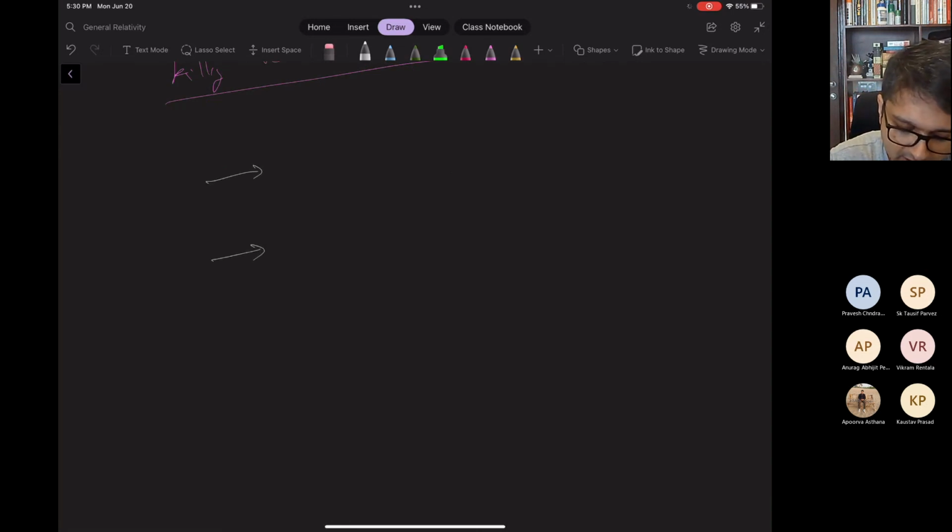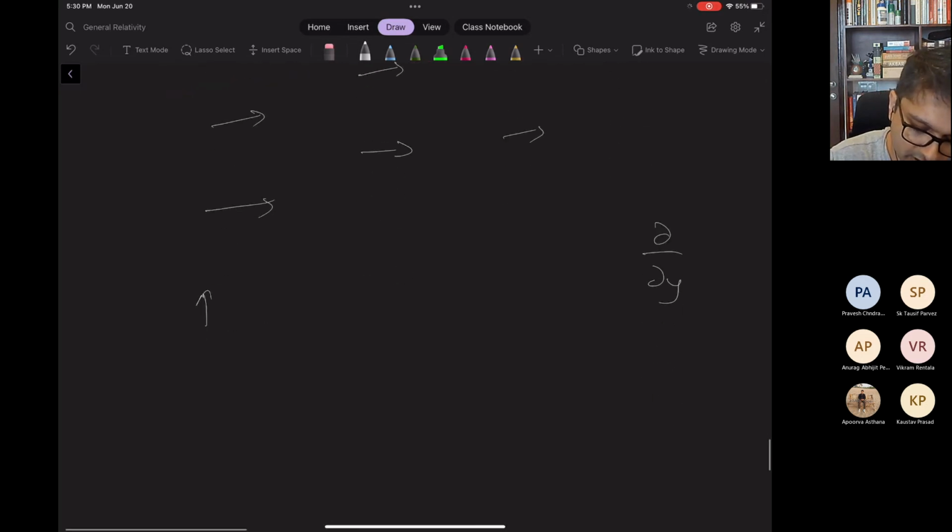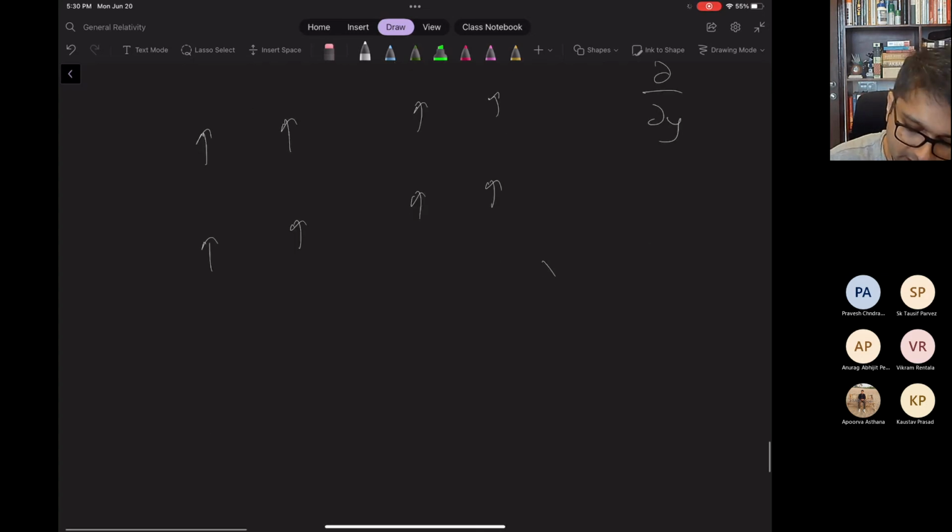They are translations in the x direction, which is the vector field partial x, which looks like this; the vector field partial y, which looks like this; and the vector field x partial y minus y partial x, which looks like this.